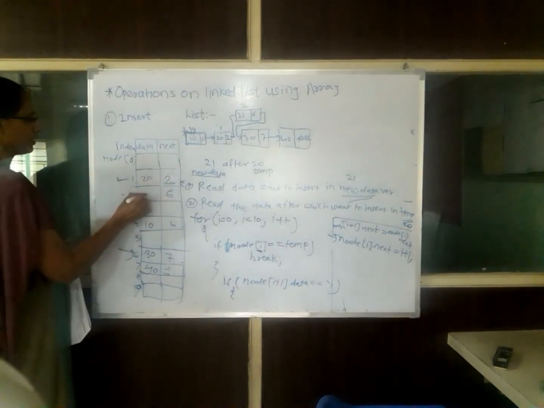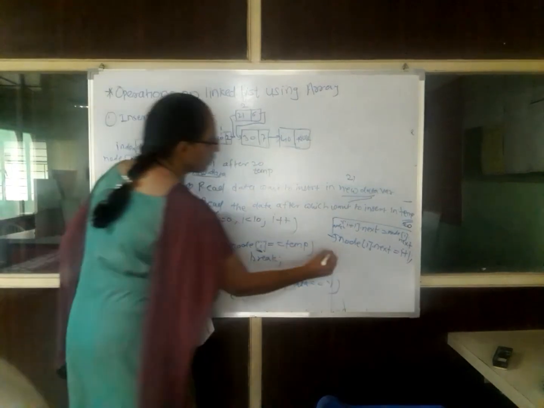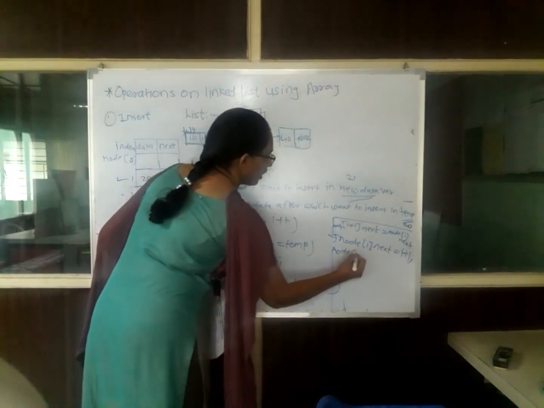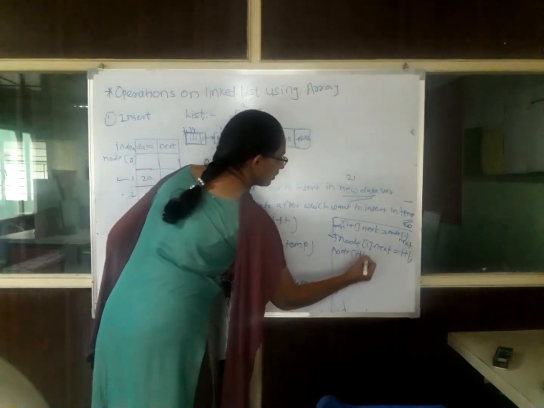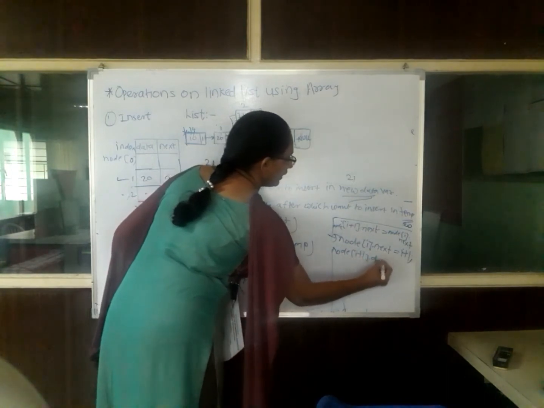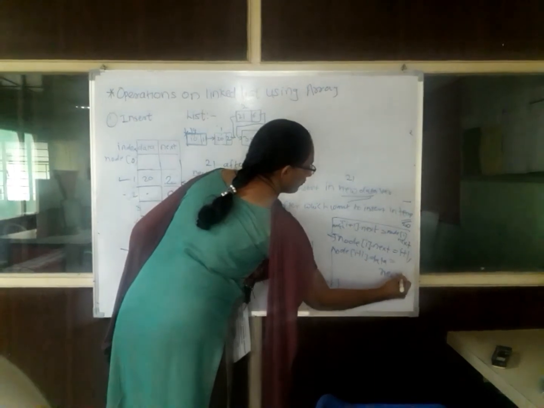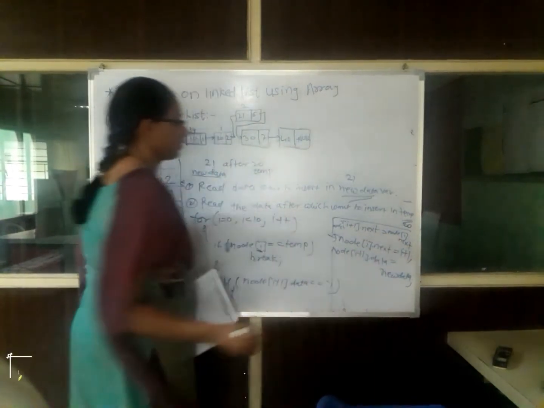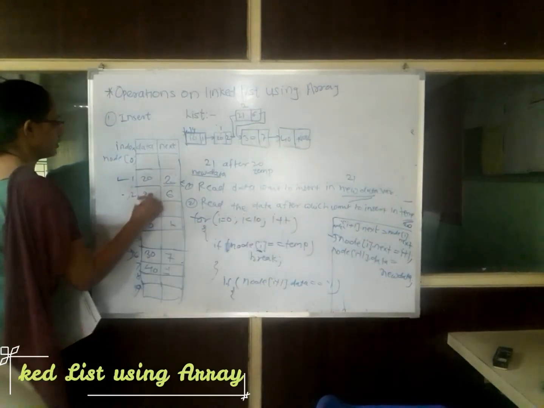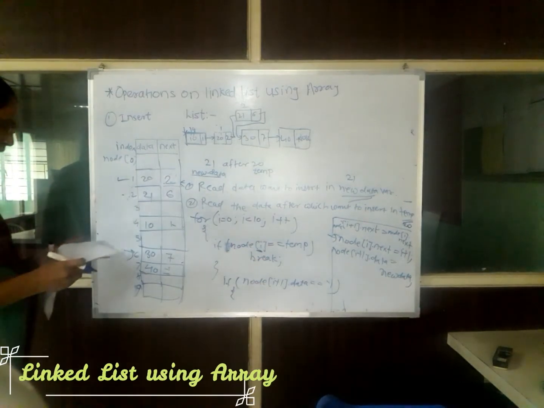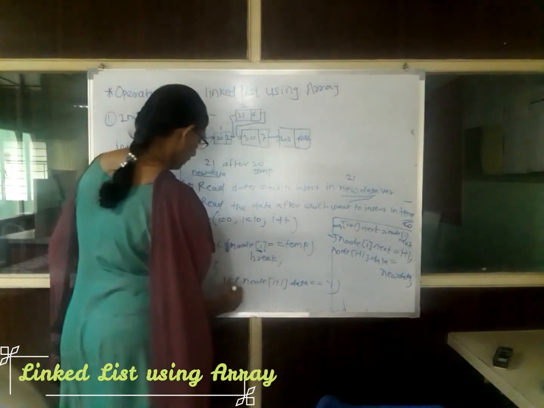This new data at this location. So node i plus 1 dot data is equal to new data. So here is the new data, 21. Okay, done.